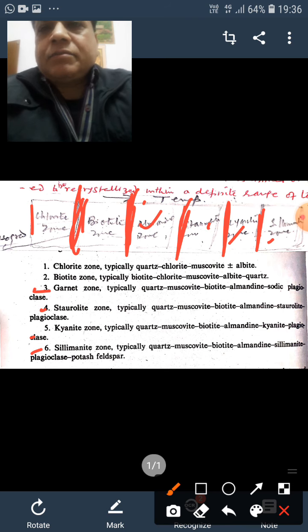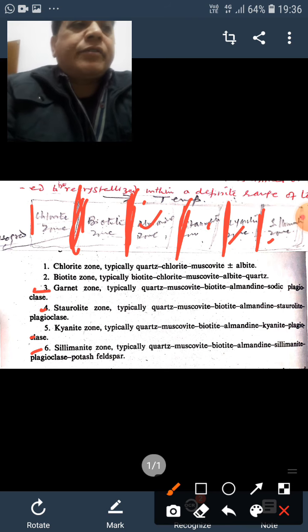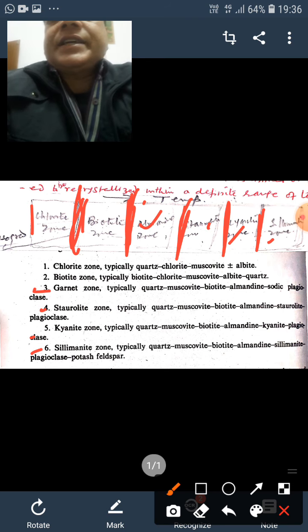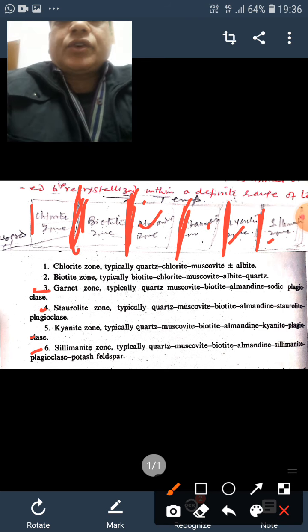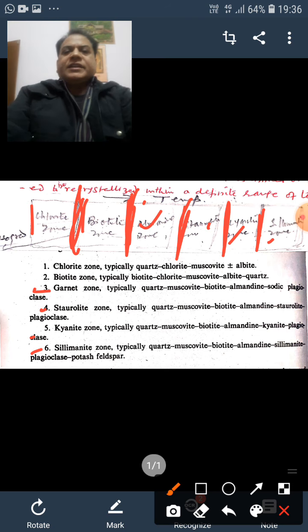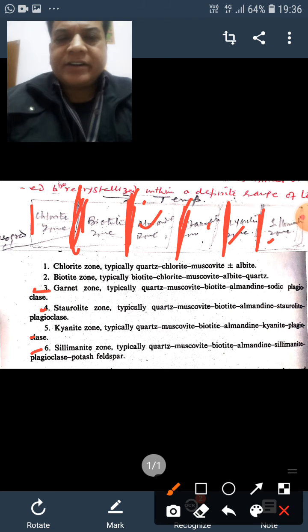So in brief, with the Barrovian zones he tried to delineate the grade of metamorphism in terms of zones. That was the Barrovian zone concept, which he gave in 1912.